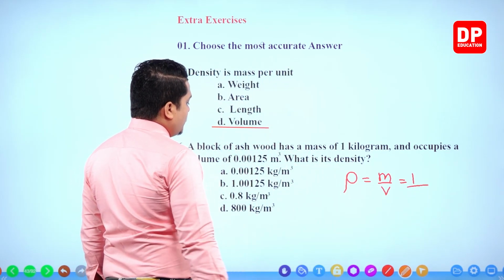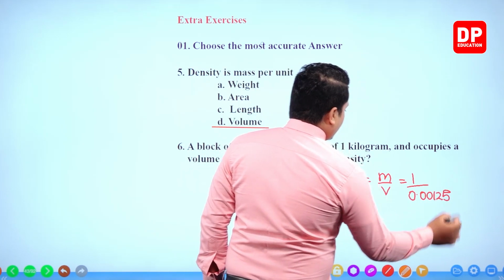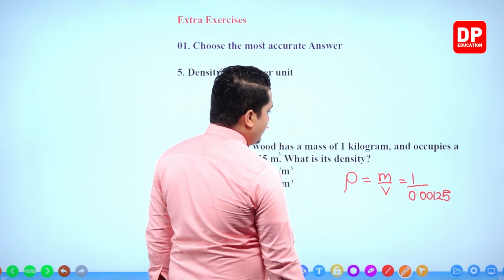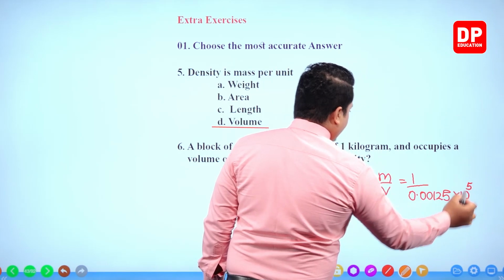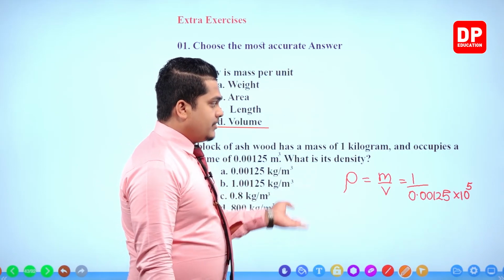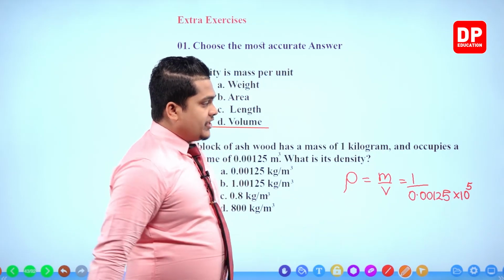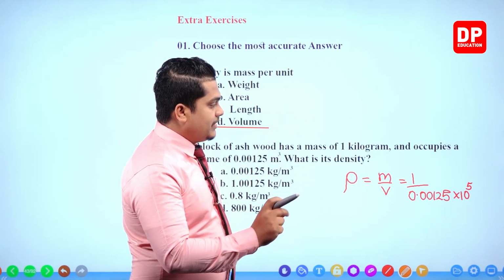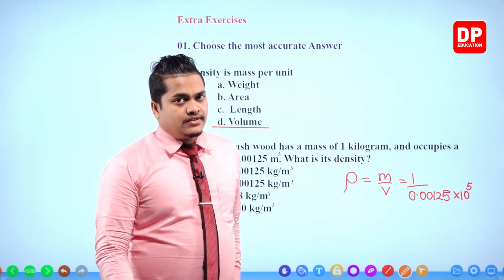Then the volume is equal to 0.00125. So here 1, 2, 3, 4, 5, there are 5 decimal places. So I'm going to multiply this by 10 to the power 5. You know that you can write this using scientific notation, right? When you are converting this number into a whole number, you can write it in scientific notation. There are 5 decimal places, which means you need to multiply it by 100,000. 100,000 is equal to 10 to the power 5 in scientific notation.